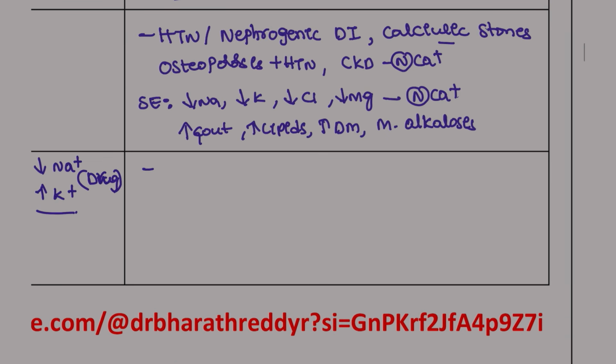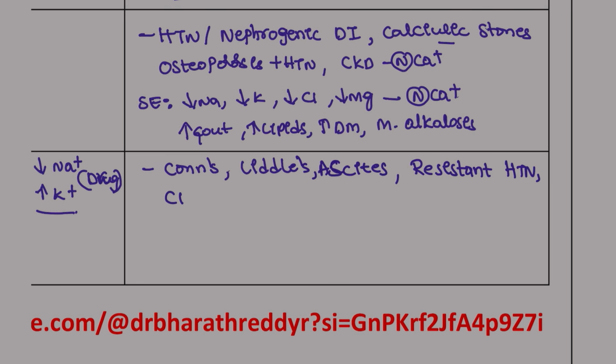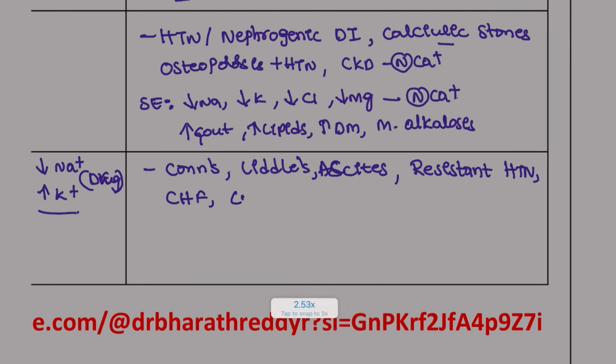Next, what are the conditions that we are going to use it for? We use it in those suffering from Conn's syndrome, Liddle's syndrome, and ascites. Ascites patients we can give this drug, and whoever has resistant hypertension that is not controlled, we can also give this drug. Congestive heart failure patients also, and amiloride can be given for cystic fibrosis patients, and also for one condition, nephrogenic DI.